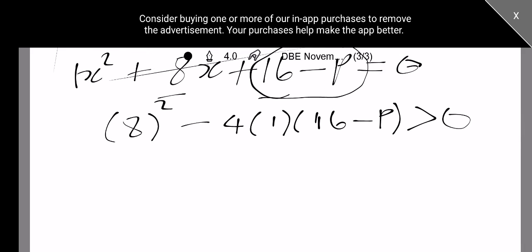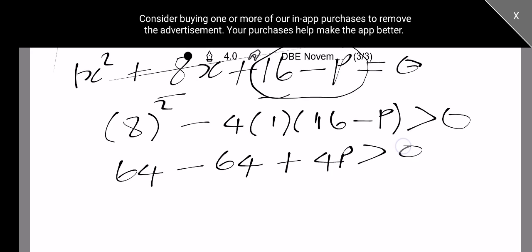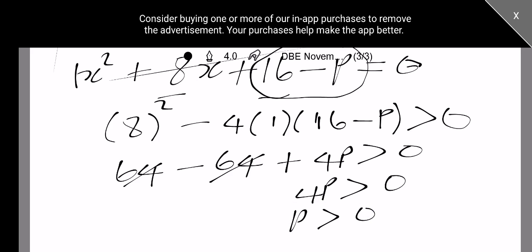So simplify, it's going to be 64 minus 64 plus 4p is greater than 0. Now this cancels, gonna be left with 4p is greater than 0. Therefore you've got to divide both sides by 4. P is going to be greater than 0.